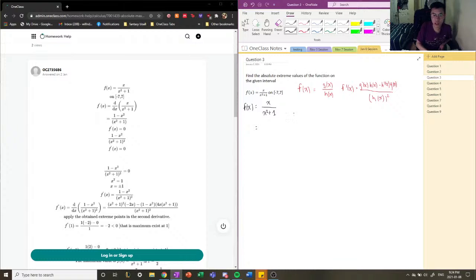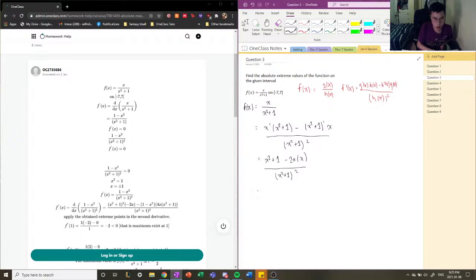I'm going to use the primes here, so we have x prime times x squared plus 1, minus x squared plus 1 prime times x, all divided by x squared plus 1 squared. x prime is just 1, so it's x squared plus 1 minus, and the prime of x squared plus 1 is just 2x, so 2x times x, divided by x squared plus 1 squared.